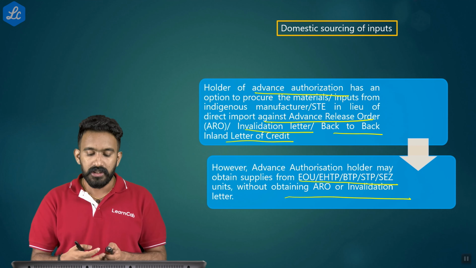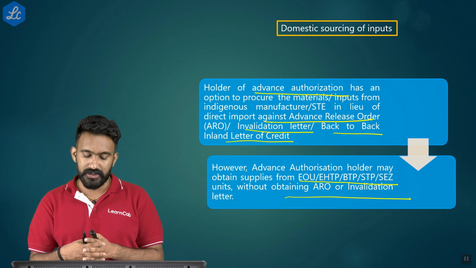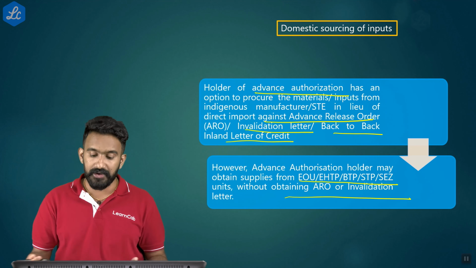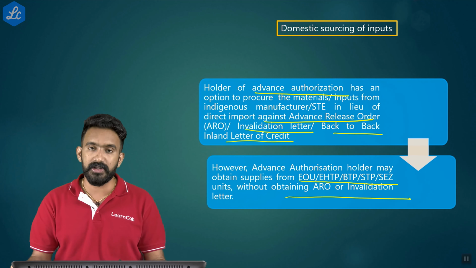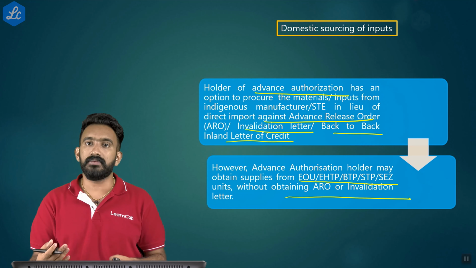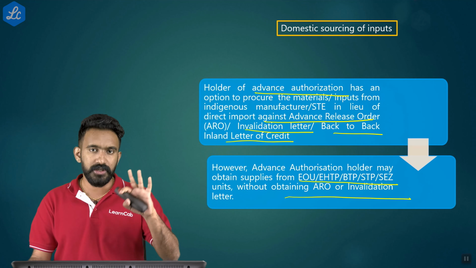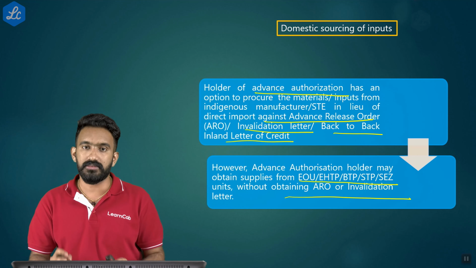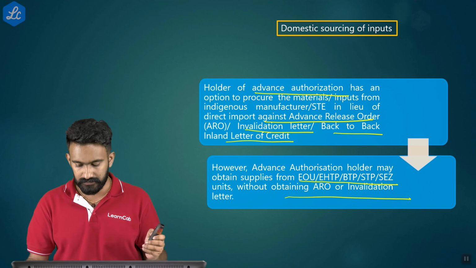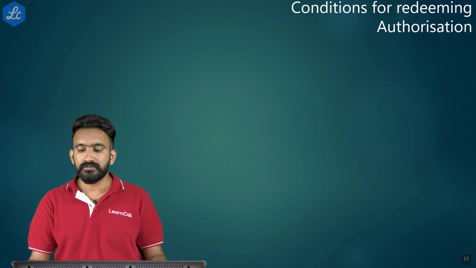These are the documents that will support that purchase. But this is not required from EOU, EHTP and so on, because they are as good as a person who is going to export. So you can get it from them and use it as your import. It will be as good as your import. You don't require any AROs.